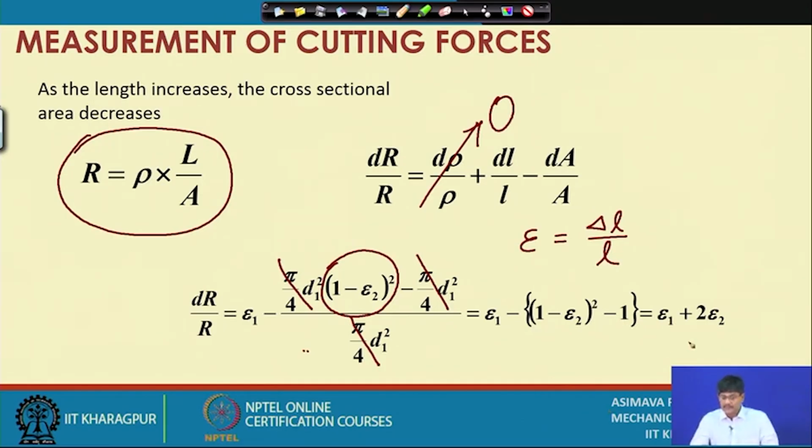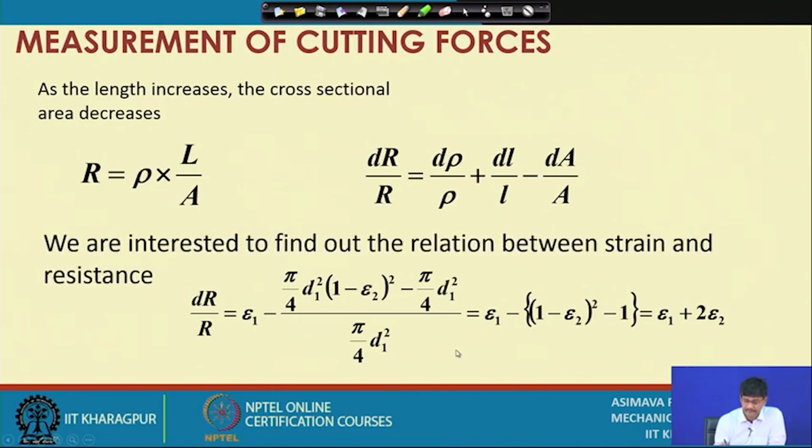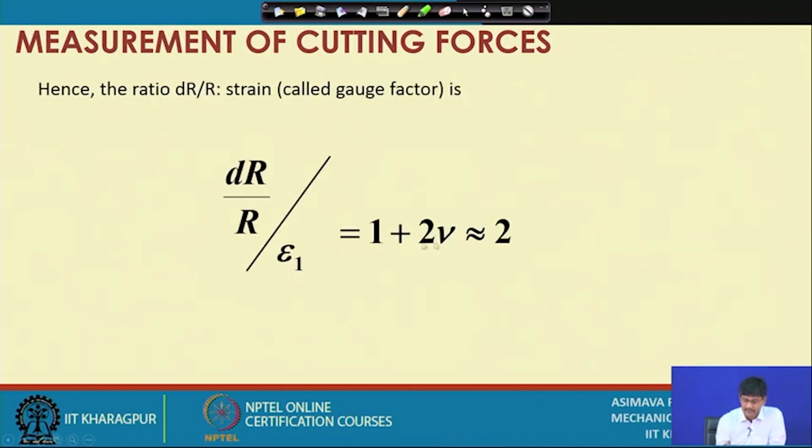Okay. And hence, if we divide it by epsilon throughout the expression, dividing the equation throughout by epsilon 1, we get dR by R by strain, that means change in resistance per unit strain, is equal to 1 plus twice Poisson's ratio, because we will get epsilon 2 by epsilon 1 here.